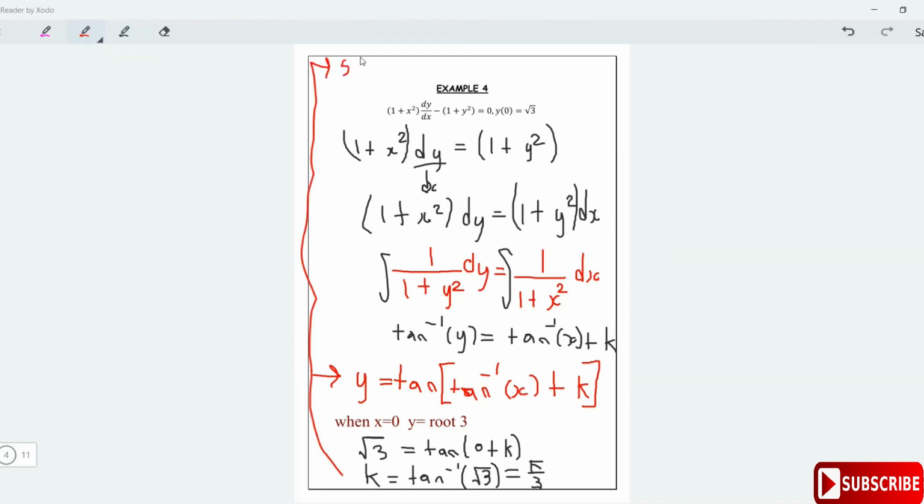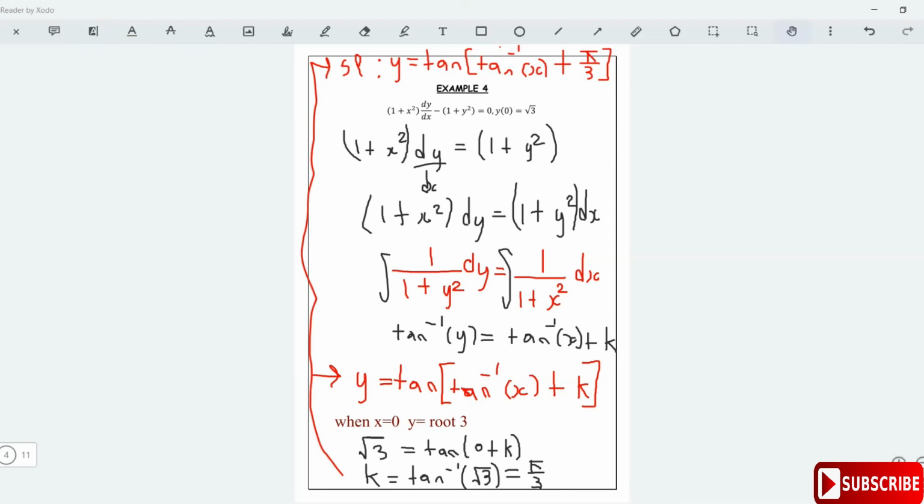And so the specific solution is going to be y is equal to the tan of tan inverse of x plus k, where k is pi by 3. This is plus pi by 3. Easy. Nice.